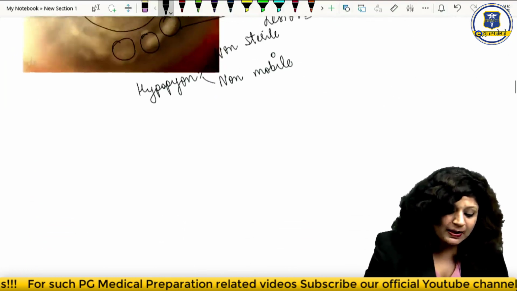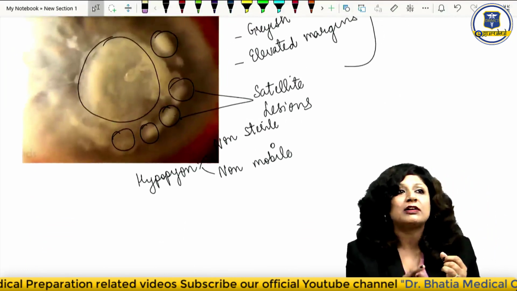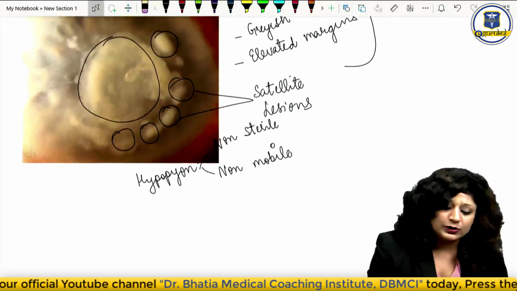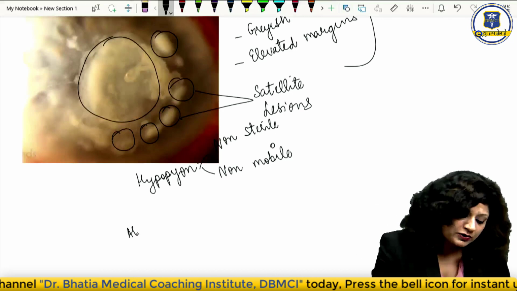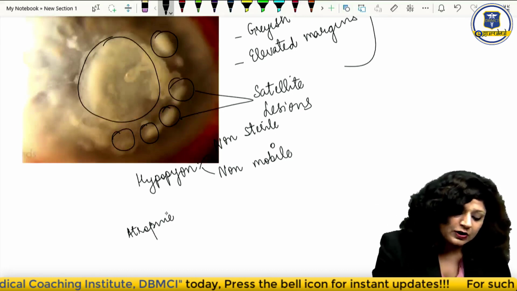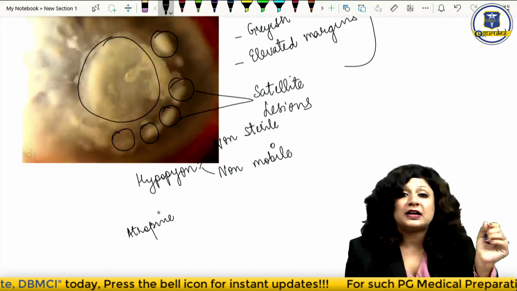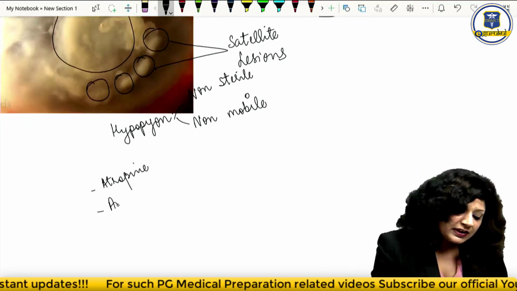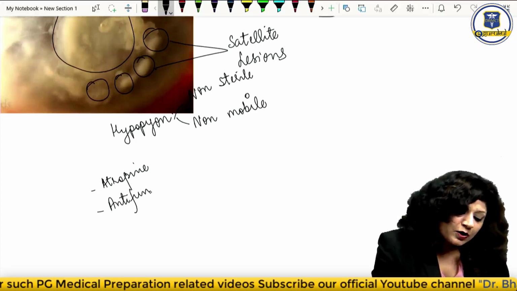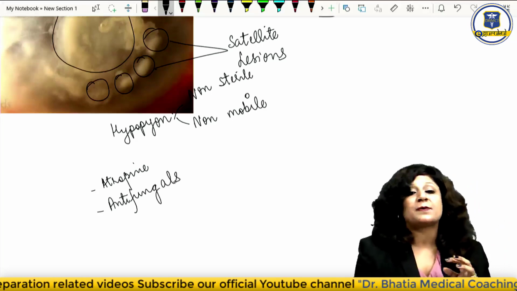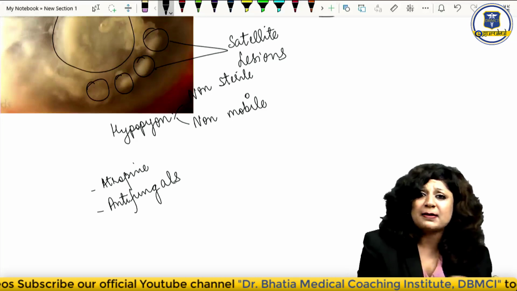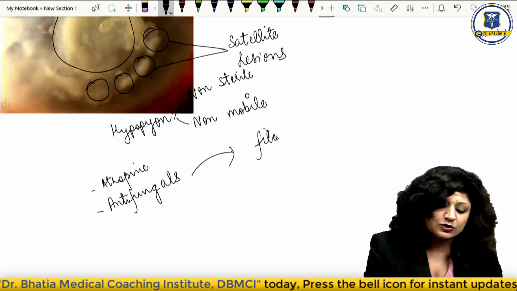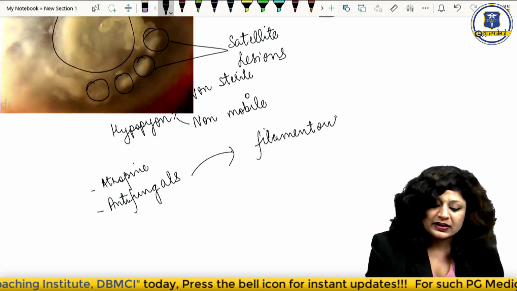Now if I talk about the fungal corneal ulcer, fungal corneal ulcers do not have pain, they do not have congestion, they are grayish, but I told you that you have to give atropine here also, that is a regular part of corneal involvement. But instead of the antibiotics, what will you give here? Instead of antibiotics, here I will give the antifungals. One fungus is specifically more common than the others, and that is the filamentous fungus.